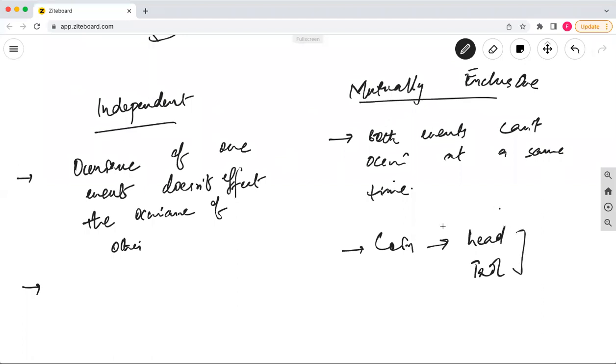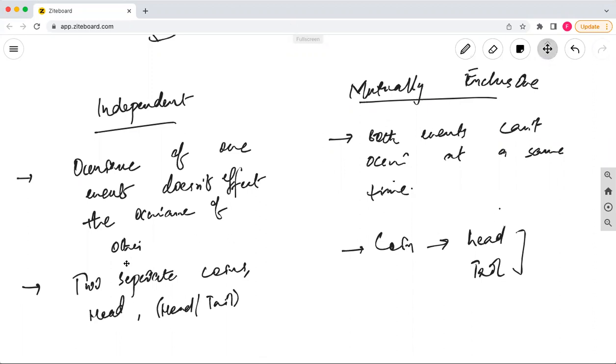So these are mutually exclusive. But if I take two separate coins, and let's suppose in the first I get head, in the second there's equal probability of getting head or tail. This is independent of what I get in the first event, right?